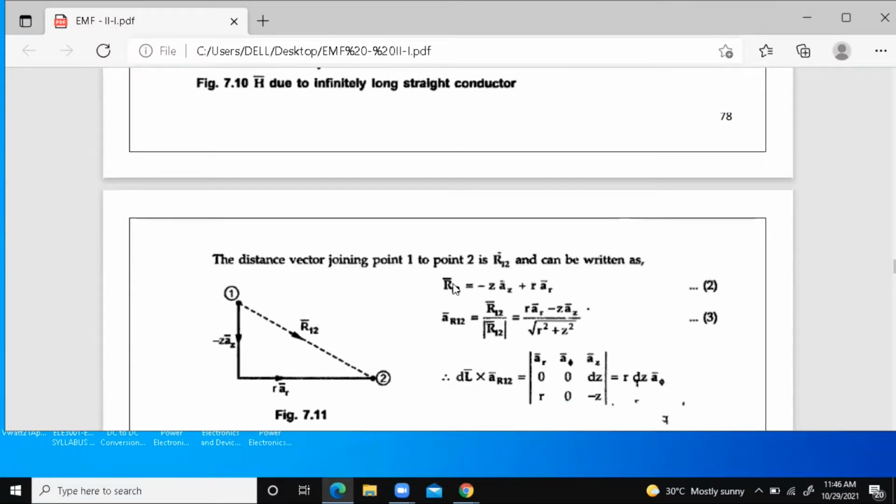So your R12 is minus Z aZ plus R aR. You get this?